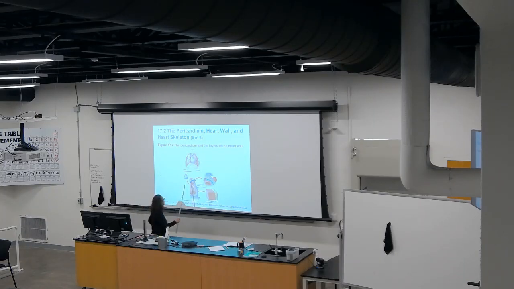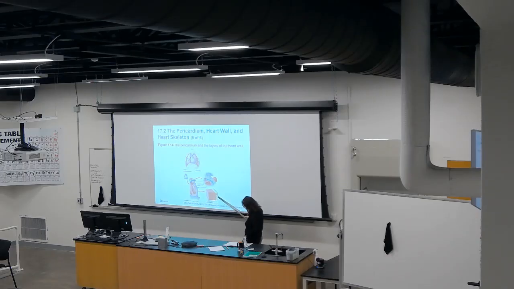So this is the view of the layers of the heart. If you make a frontal section, this is the wall and protected by this epicardium, which is this. And then here we have the myocardium and endocardium in here.